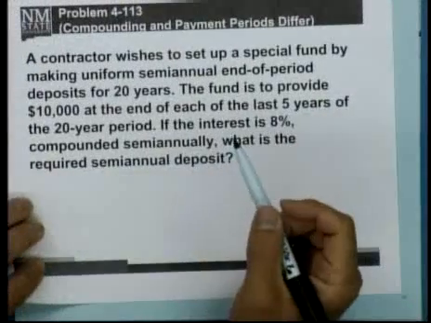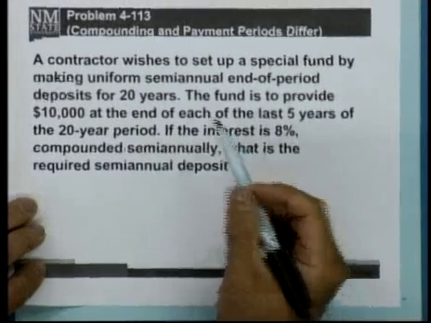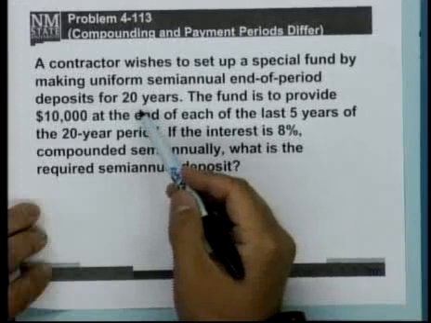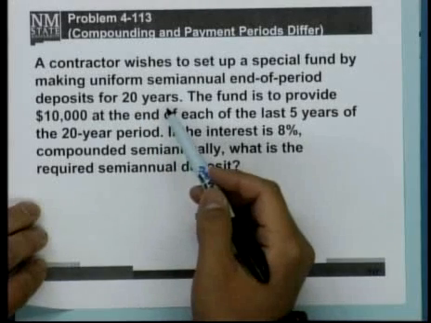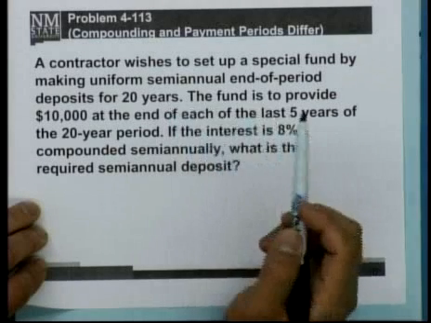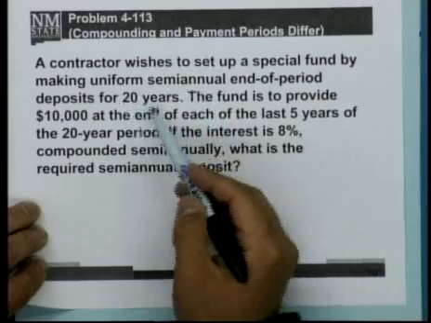So we set up a fund by making uniform semi-annual and period deposits for 20 years. So there are 40 deposits, right? Because there are 40 semi-annual periods within 20 years.